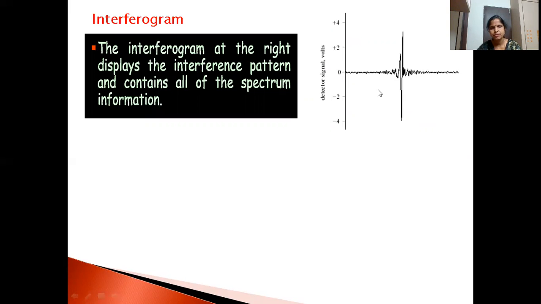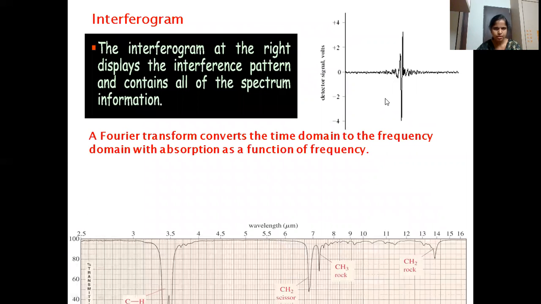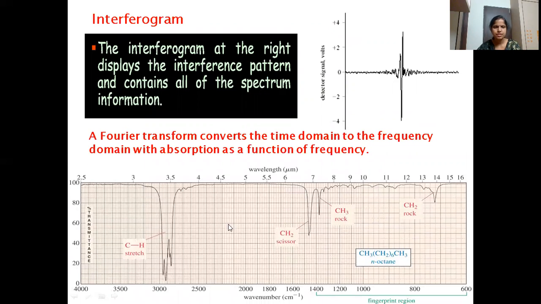The spectrum we actually get will be in this form, but in FTIR this spectrum is converted into a function of frequency. FT stands for Fourier transform. What it does is convert the time domain spectrum to the frequency domain spectrum.